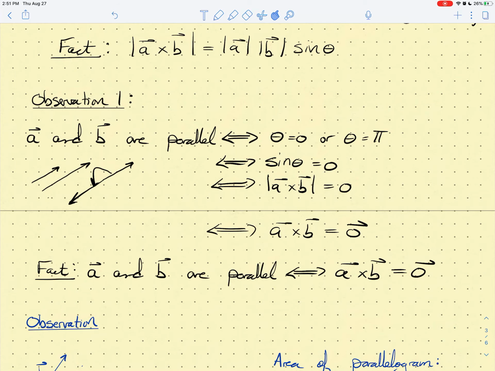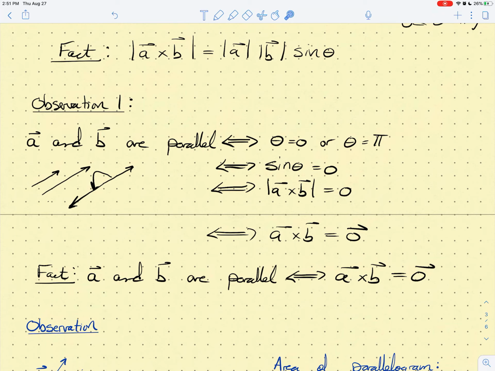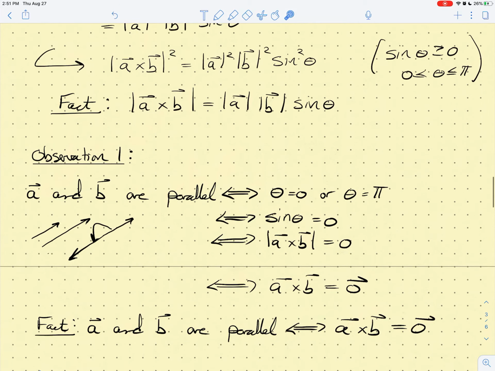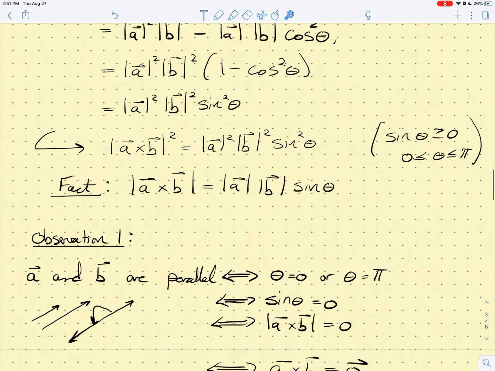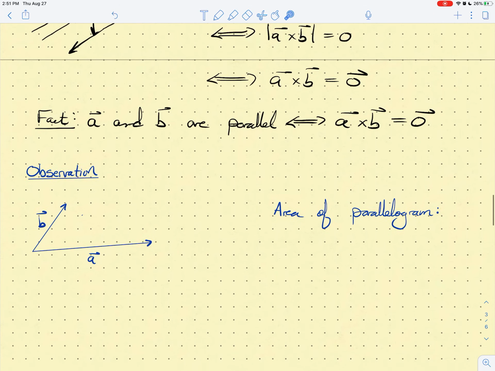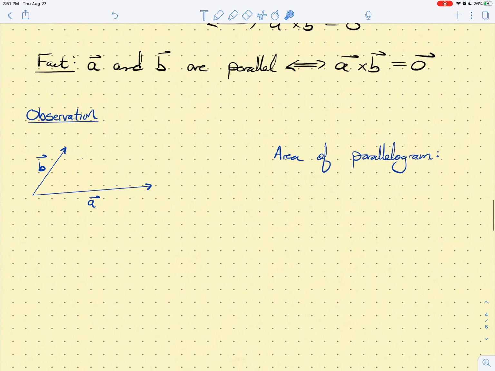So this should be a scalar because it's a length, and this should be a vector because it's a vector. All right, so that's our first interesting observation. We can use all that nasty computation that we did up here. We got this nice clean result, and now we have an easy way to check whether or not two vectors are actually parallel.